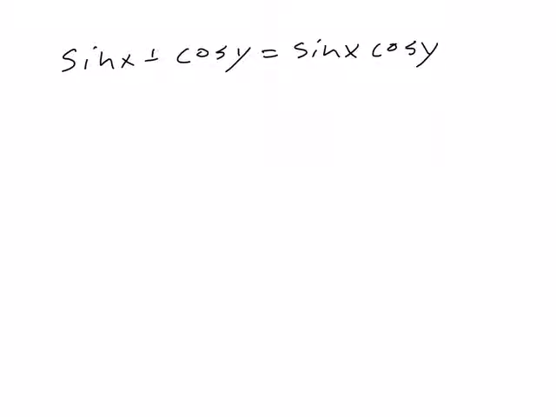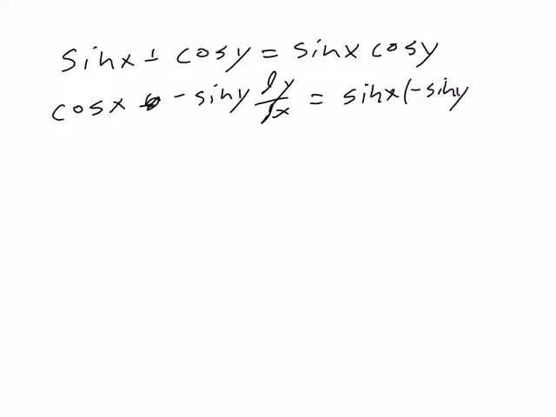In other words, taking the derivative of both sides, we have cosine of x plus, so minus sine of y dy over dx is equal to sine of x times negative sine of y dy over dx plus cosine of y cosine of x.